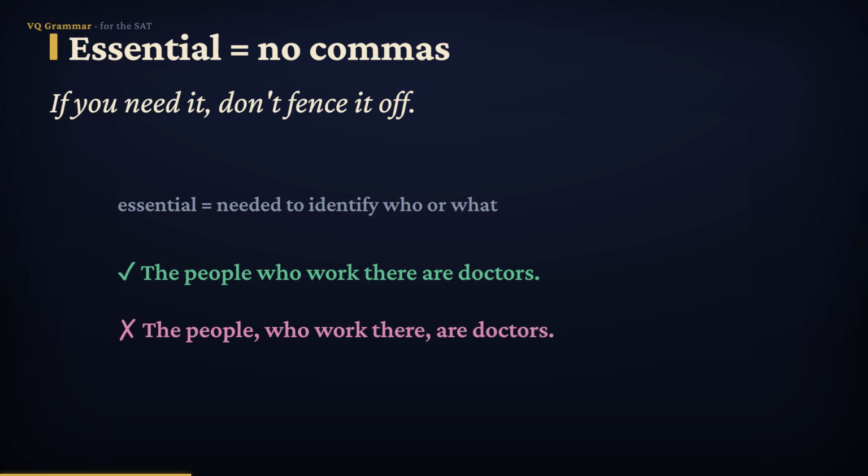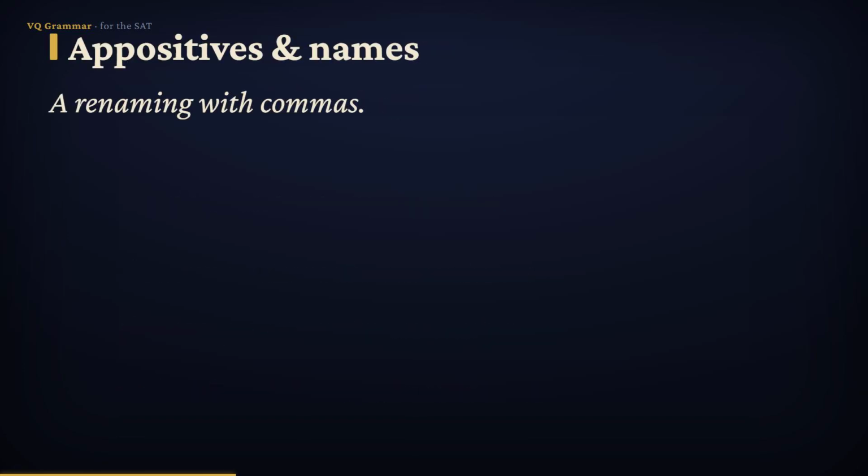If you wrongly fence it off: The people, who work there, are doctors, you're saying it could be dropped, but it can't. So ask yourself, do I need these words to know which one? If yes, no commas.